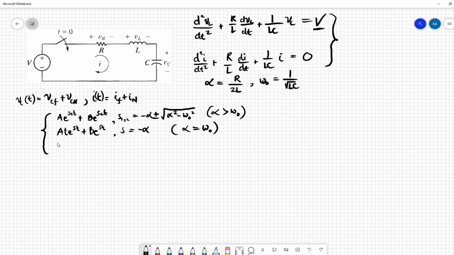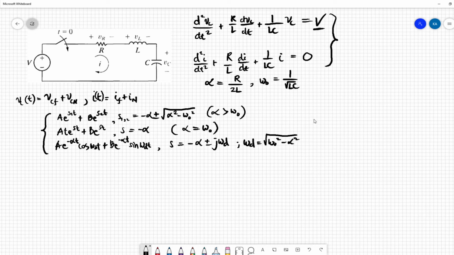And our last case, we have A e to the negative alpha t cosine of omega d t plus B e to the negative alpha t sine of omega d t. We have S is equal to negative alpha plus minus j omega d, where omega d is equivalent to square root of omega naught squared minus alpha squared.